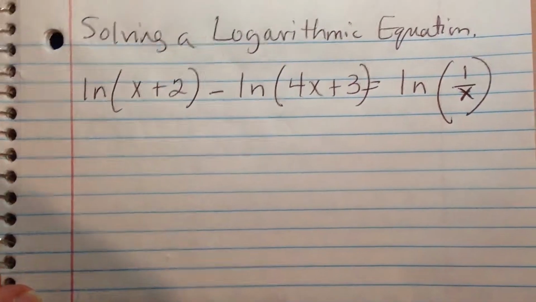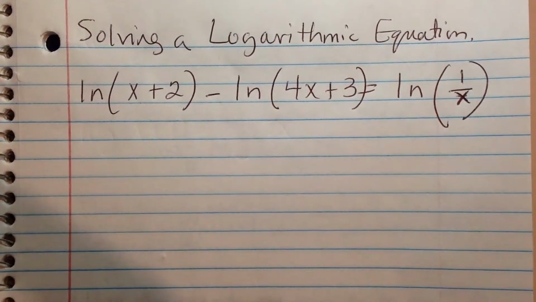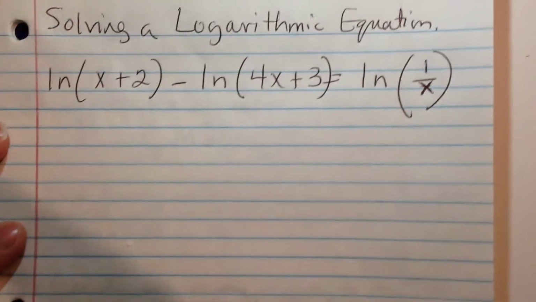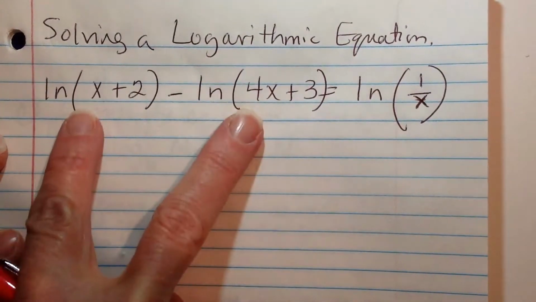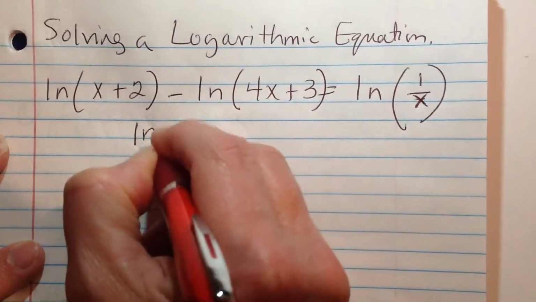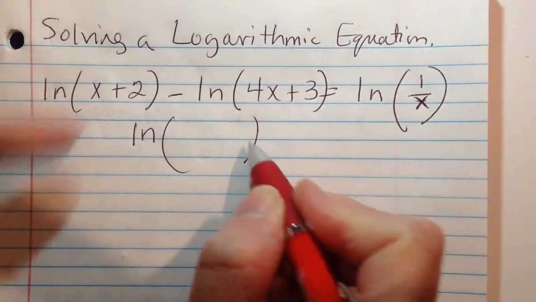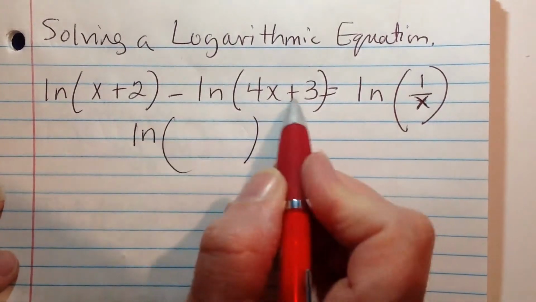Looking at this problem, instead of logs, this one has the ln. The same rule applies. Let's get ln on one side equal to ln on the other side with coefficients of 1. We want 1 ln on the left, 1 ln on the right, and then we can let the ln's go and solve for the variable. Looking at this problem, I see that I have 2 ln's here. Let's condense. I see that I have a minus sign, so this is coming from a quotient.